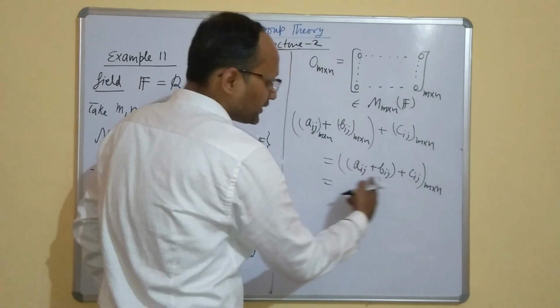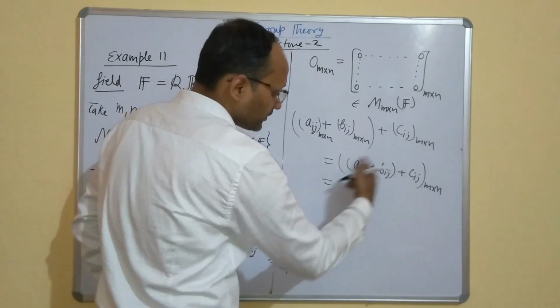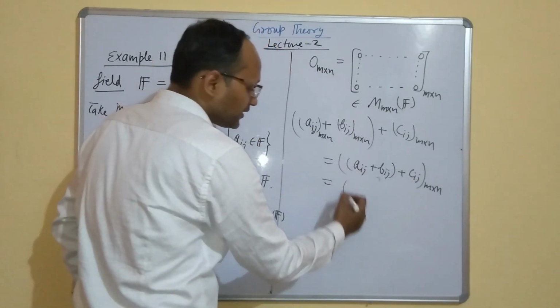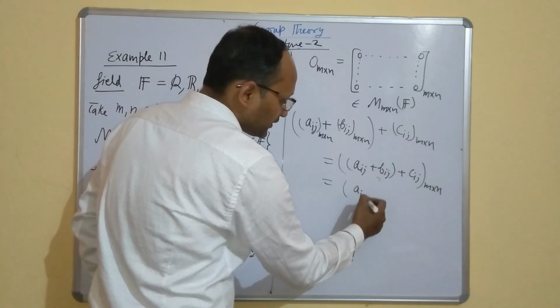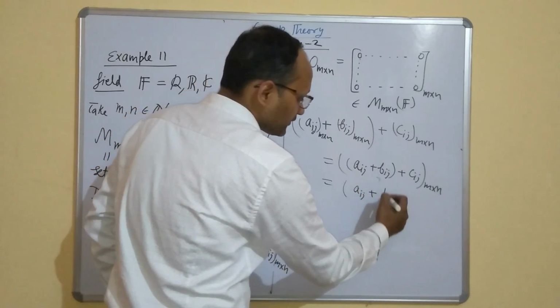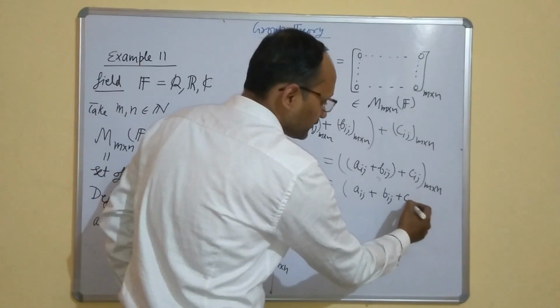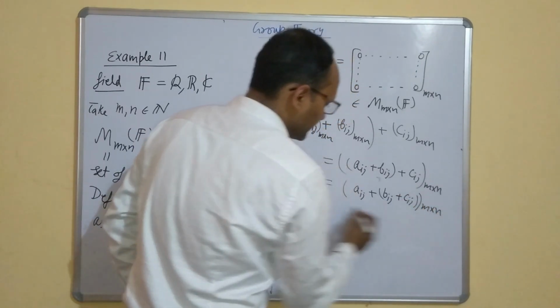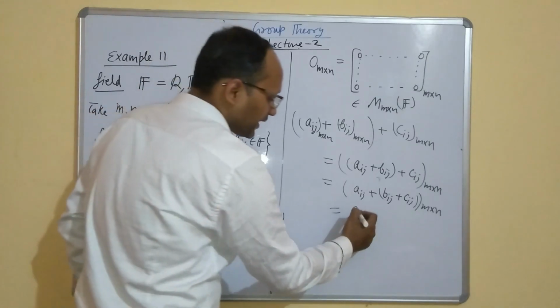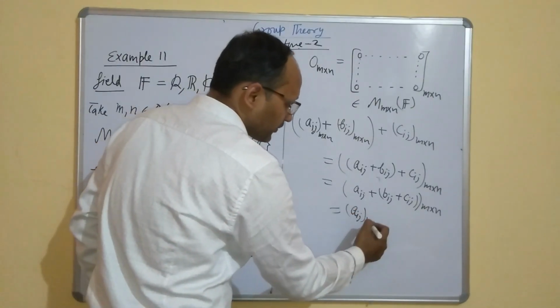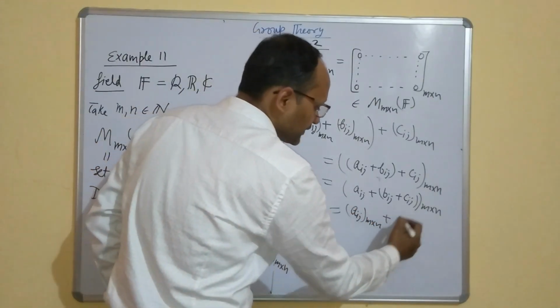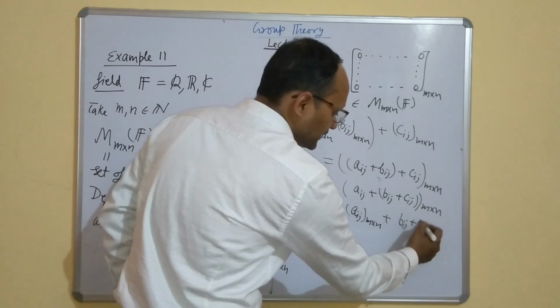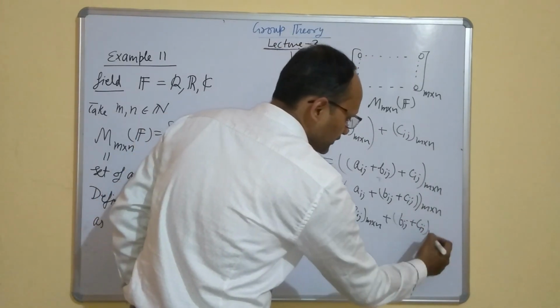This is the addition of numbers, elements of the field, and that addition is always associative. So we can write it like this: (A_ij), m cross n, plus (B_ij plus C_ij), m cross n.